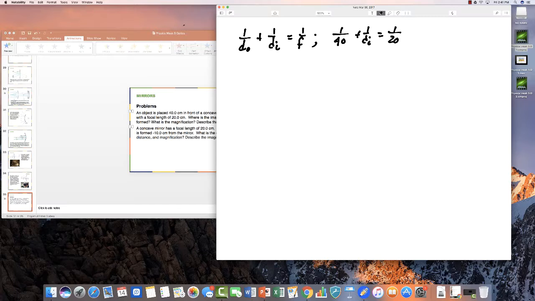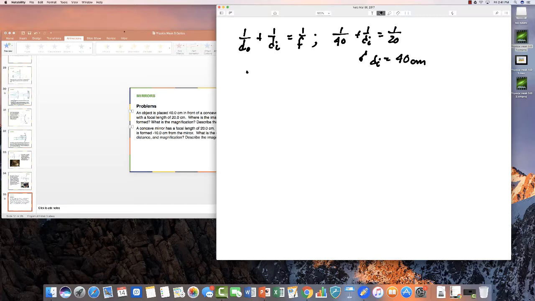Now, if you do the math here, I think you can see that di is actually going to be 40, because 1 over 20 is 2 over 40, so 2 over 40 minus 1 over 40 is 1 over 40.